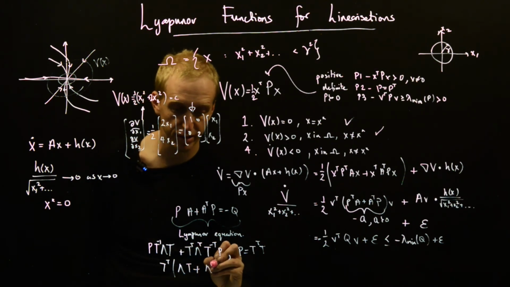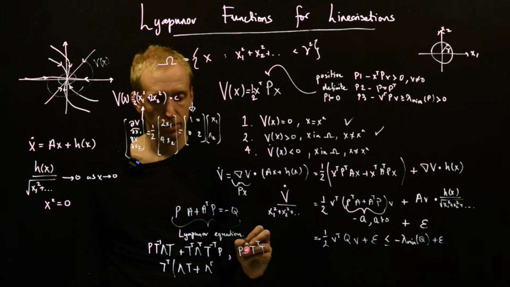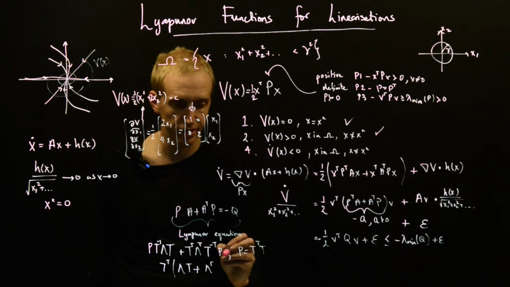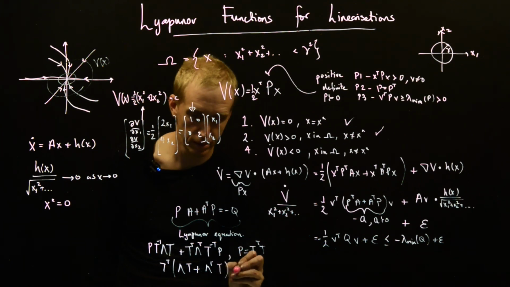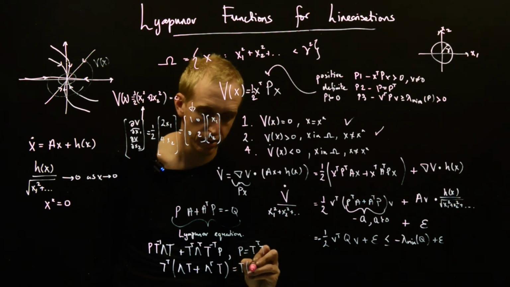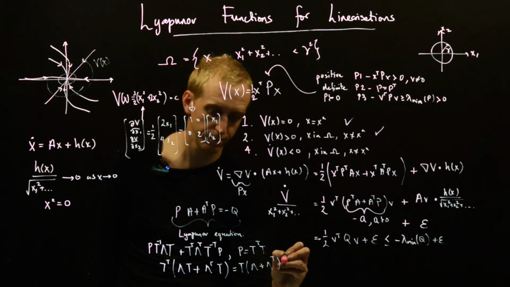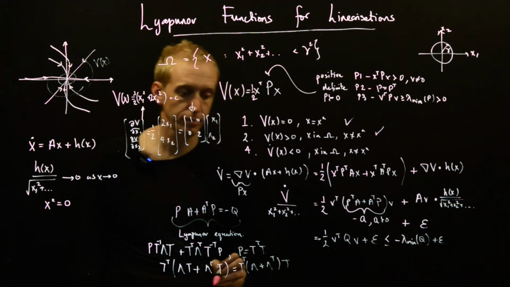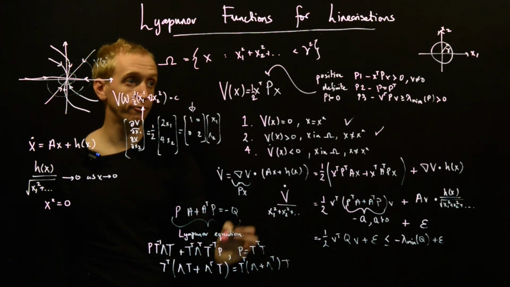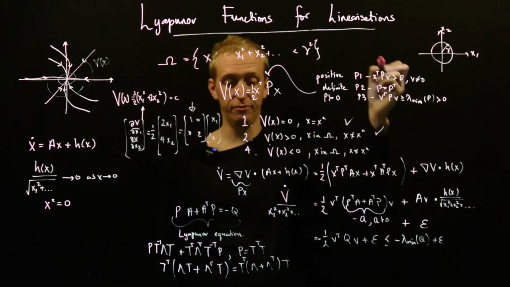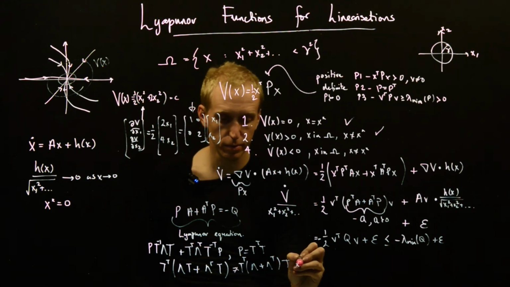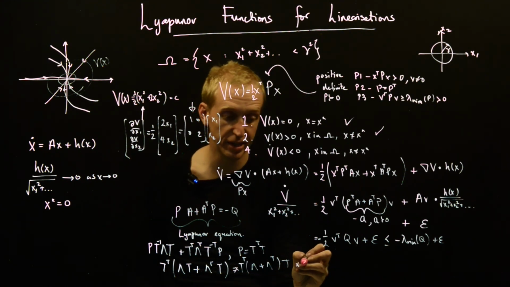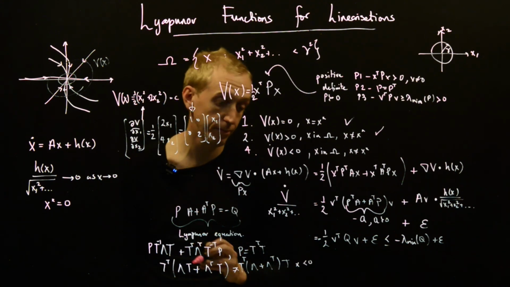I've got a lambda transpose T to the minus transpose times T transpose, which is just identity, and so I've got T. And so this is equal to T lambda plus lambda transpose T. And now if I want to verify that the matrix is negative definite, I'd need this to be true.